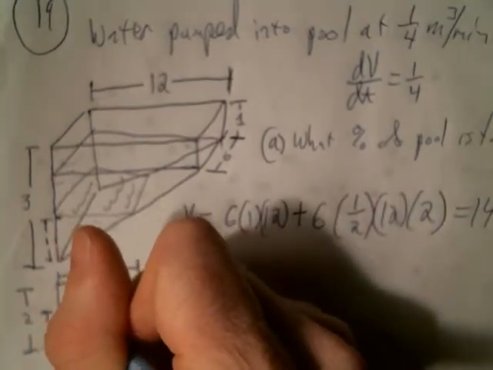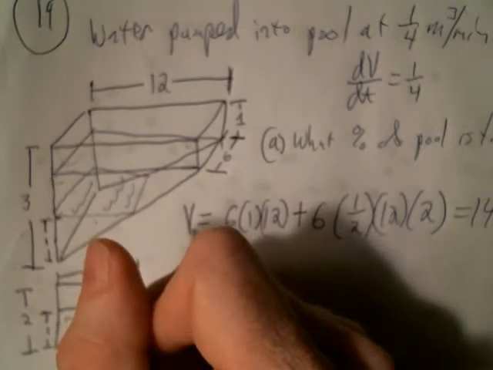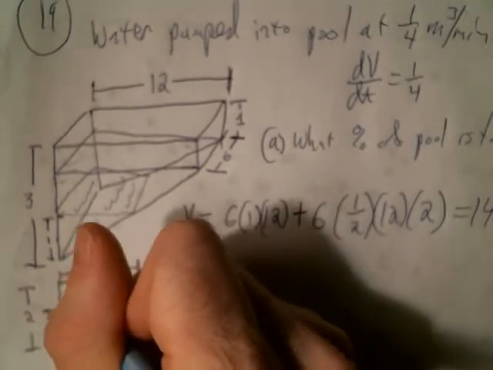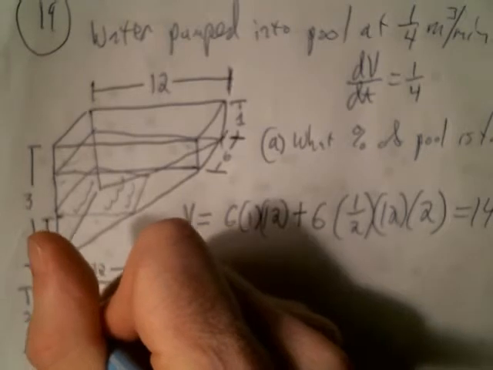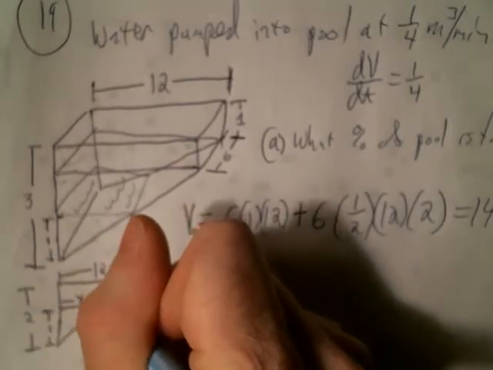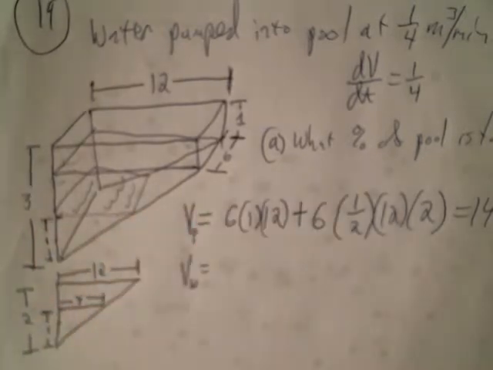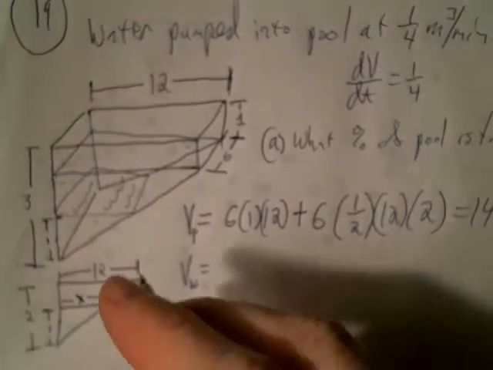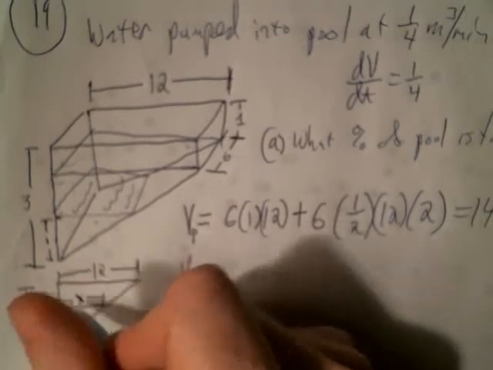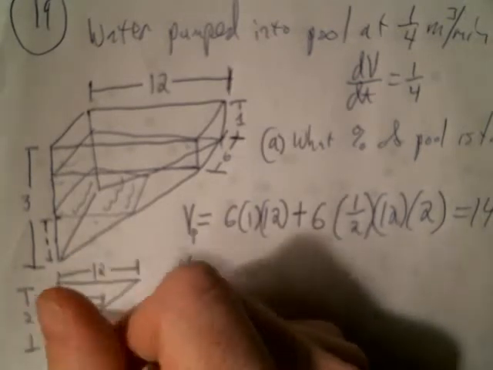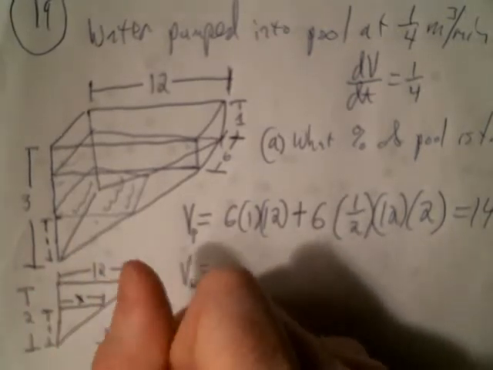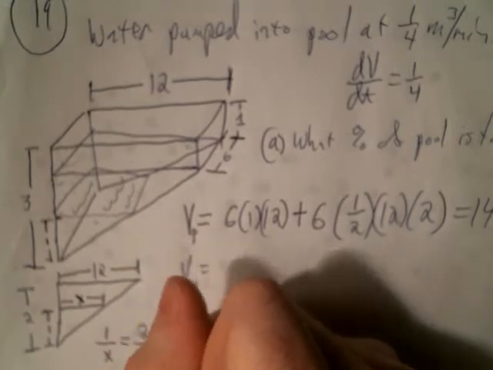Okay, and we're going to call this distance, I want to be careful here because I'm going to use this variable again, maybe we should probably call it x. Let's call it x. So I make a ratio of the sides. 1 is to x as 2 is to 12.